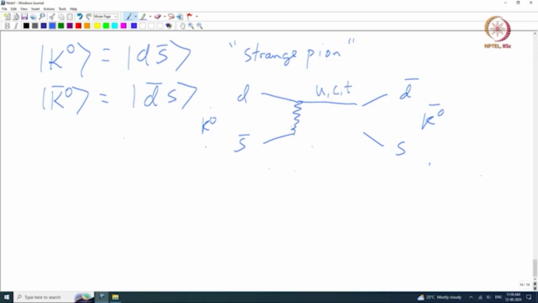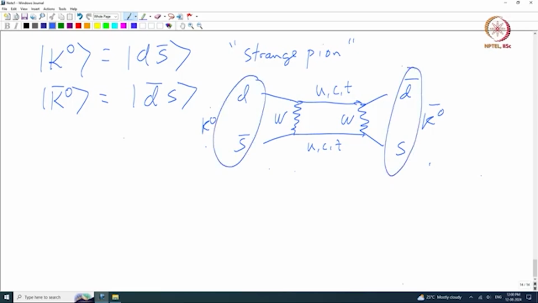You can basically spit out a W boson, and again over here also you can have a U quark, C quark or a T quark and spit out another W boson, and at each of these vertices you would conserve electric charge just like Kirchhoff's junction law, and that way you have a pathway to turn this state into this state. Okay. So, you can have a K0 moving around and it suddenly turns into a K0 bar with non-zero probability, it can always happen.